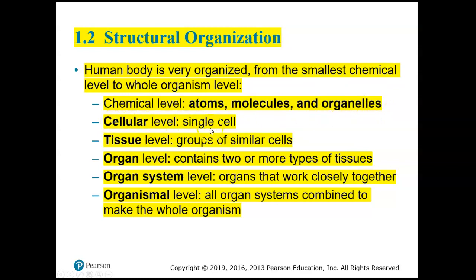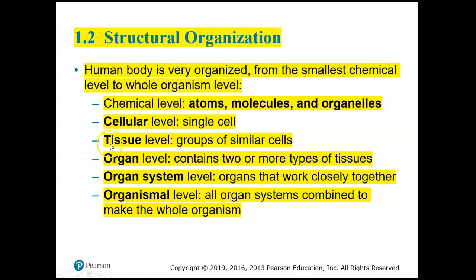So the cellular level is just a single cell. When you have cells that are similar to one another that combine and work together, we call that a tissue. That's groups of similar cells as a tissue.